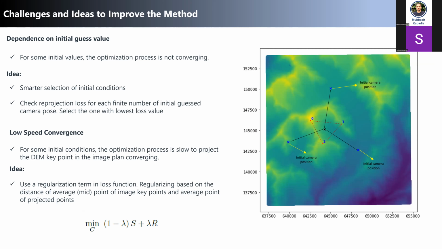One of the challenges was the dependence on the initial guess value for the optimization. For some initial values, the optimization process was not converging. My idea was to consider a smarter selection of initial conditions.